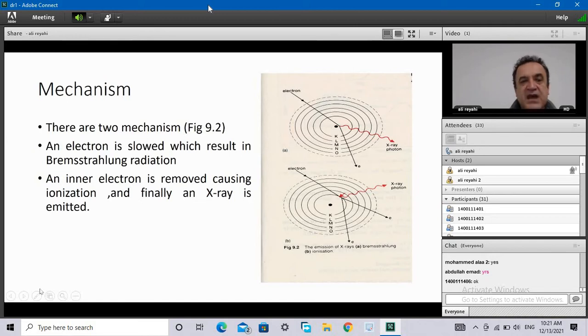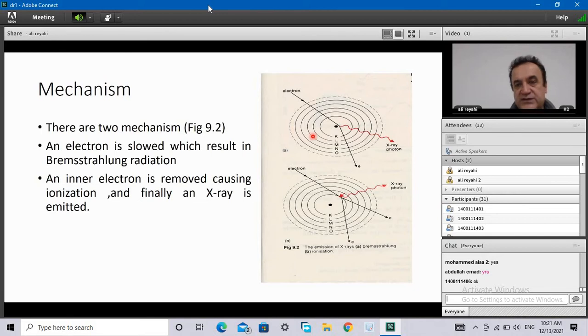There are two mechanisms for producing X-ray. Please remember that the electrons coming from the cathode are now striking the block of anode, the positive pole of the lamp.